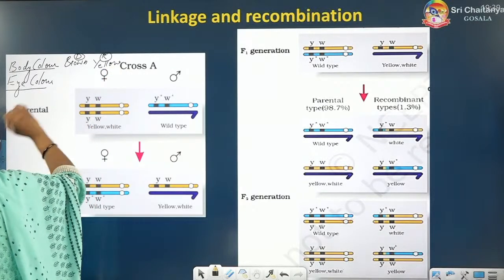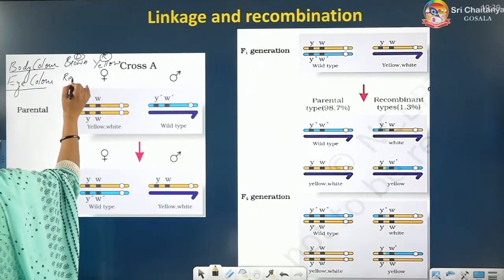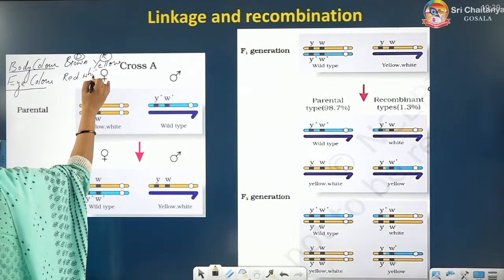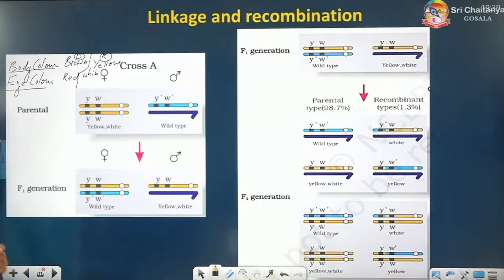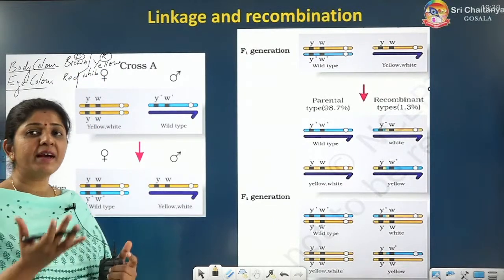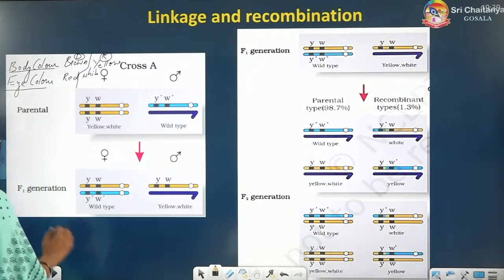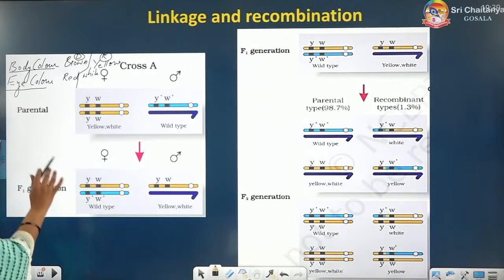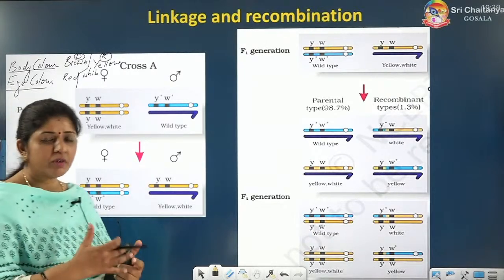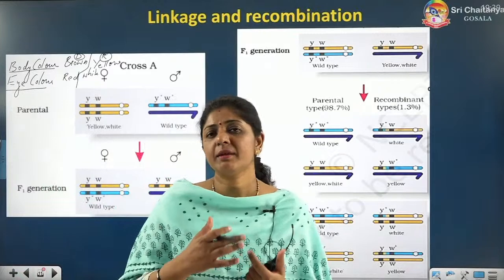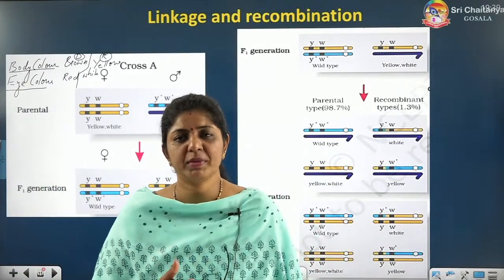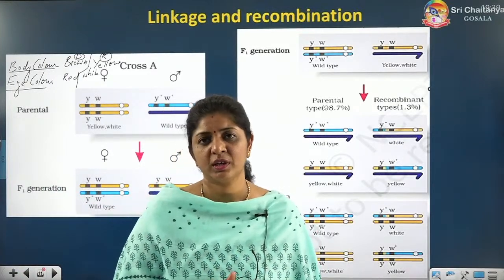And what for the eye color? It will be red dominant and recessive will be white. Please don't forget this point which we have already discussed, right? Okay, now where are these characters present, what we are discussing in the crosses? These are present on the allosomes, means on the sex chromosomes, right?